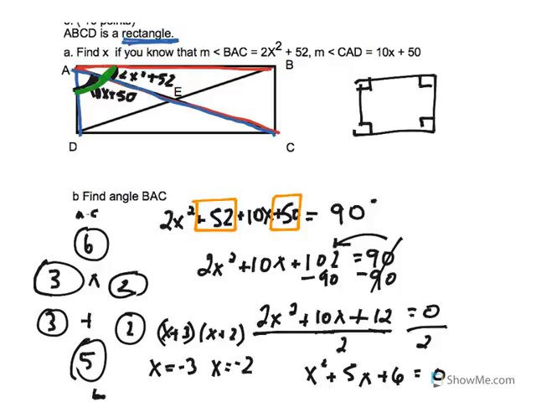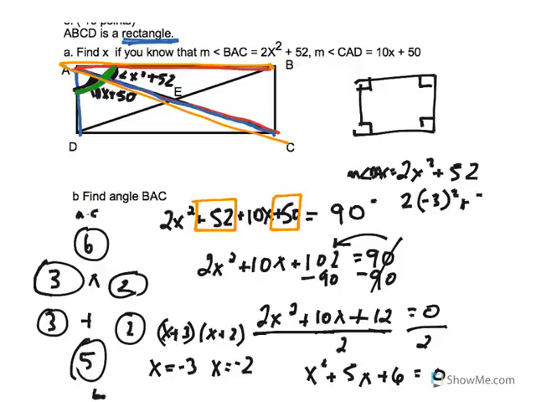And then part B says find angle BAC. So BAC, it's going to be 2x squared plus 52 is the measure of angle BAC. So let's substitute. We have 2 times negative 3 squared plus 52. Or we have 2 times negative 2 squared plus 52.